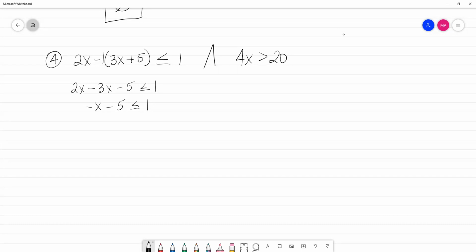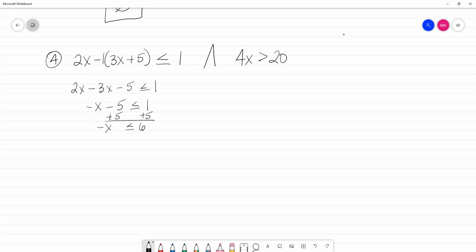We got to get all the numbers to the right side with that 1, and you got to have x's and then to write your inequality, right? So what do we need to get rid of? Yeah. So we add 5 to both sides. And then we end up with negative x is less than or equal to 6. But we can't leave it like that, right?